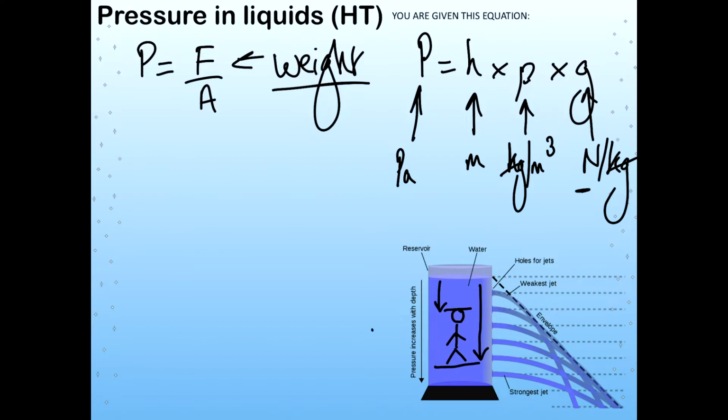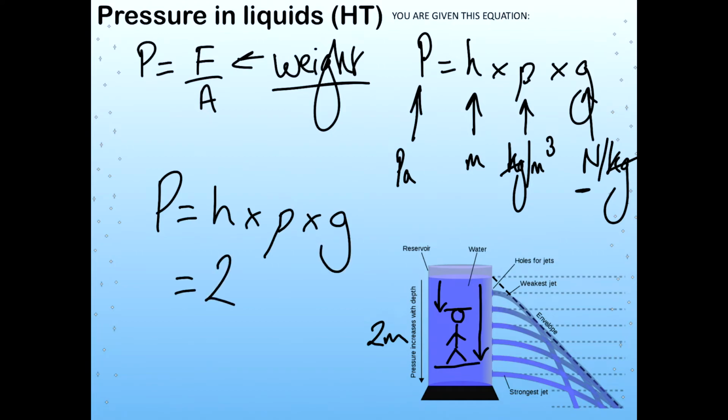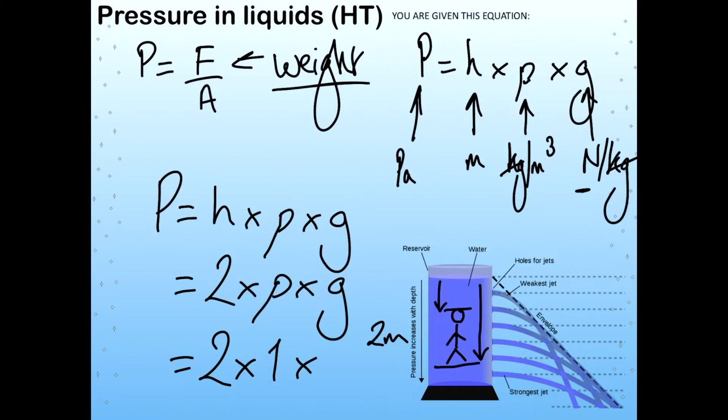So that might be a difference of 2 meters, and putting it into our equation, we've got pressure equals height times rho times g, equals 2 times rho times g, and then we substitute in the information that we should have for that. Density is 1, times g is 9.8. We end up with the difference in pressure between the 2 points because we worked out the difference in height here, and that's quite a useful task.